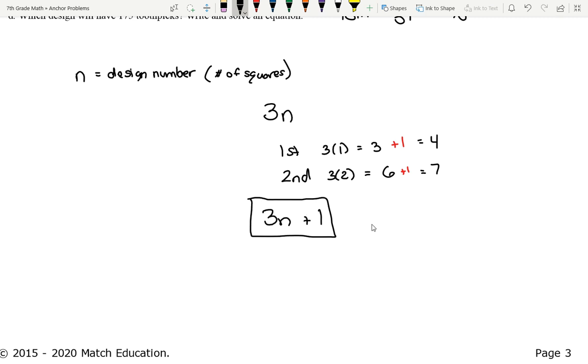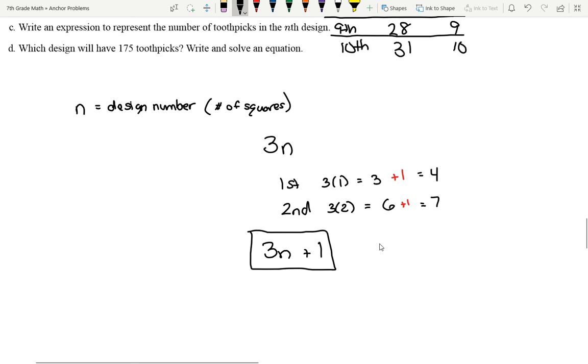And if I wanted to test that with that 10th one that we did, we could take 3 times 10 for the 10th design and add 1, and sure enough, 30 plus 1 is equal to that 31 that we found. And so if you're wondering, why do we take 3 times n? That's how we're extending the pattern, because we're adding 3.